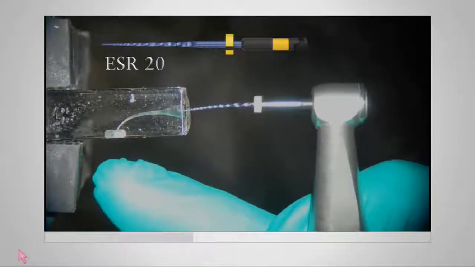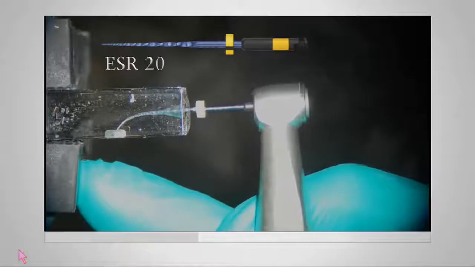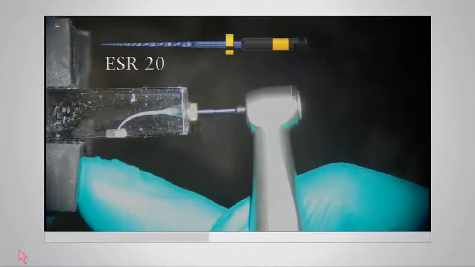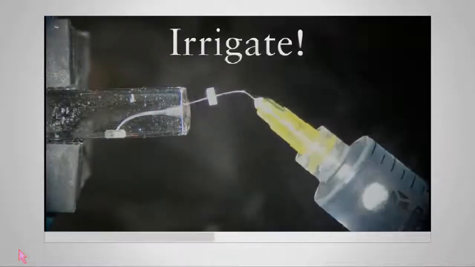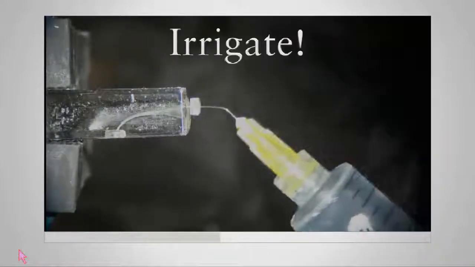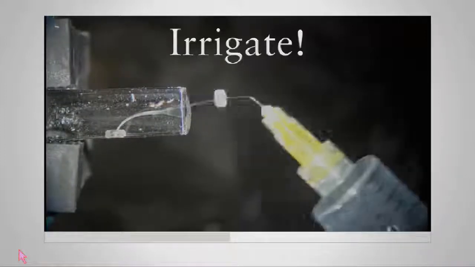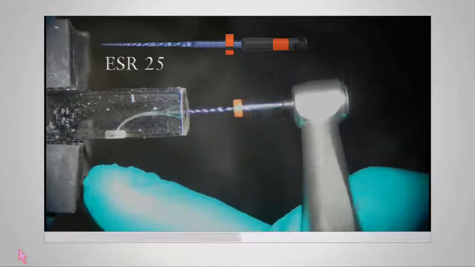So here you can see we move down from the size 25 down to a 20, and the 20 is now at the apex. So we've used a couple of files here, and then we irrigate after each rhythm motion. The key here is to understand the concept of the rhythm motion, which is only 3 strokes. And you can see the debris is removed.